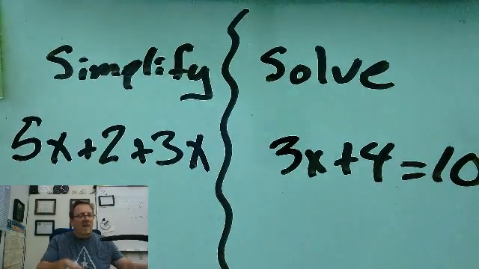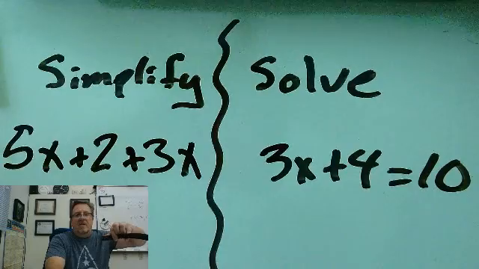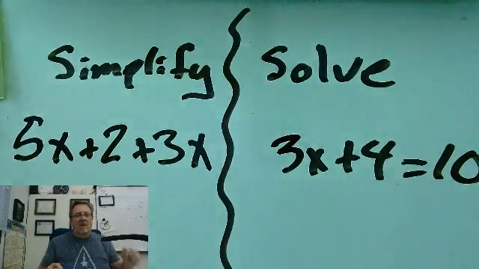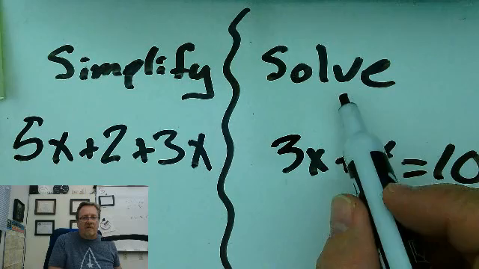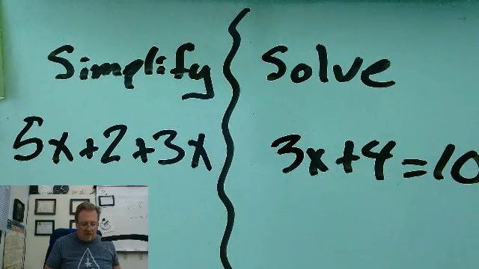What's the difference between these two things? Hopefully, you notice that this one's got an equal sign because this is an equation. And we can only solve things that have an equal sign. Let me repeat that. We can only solve things that have an equal sign.